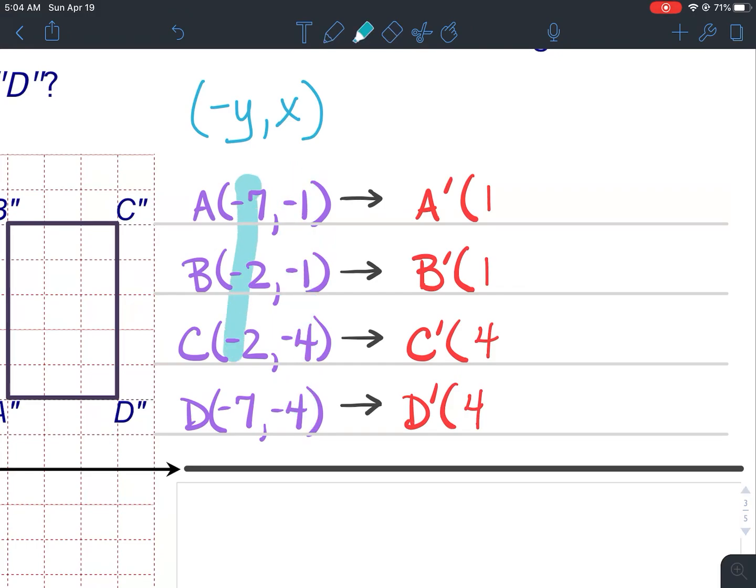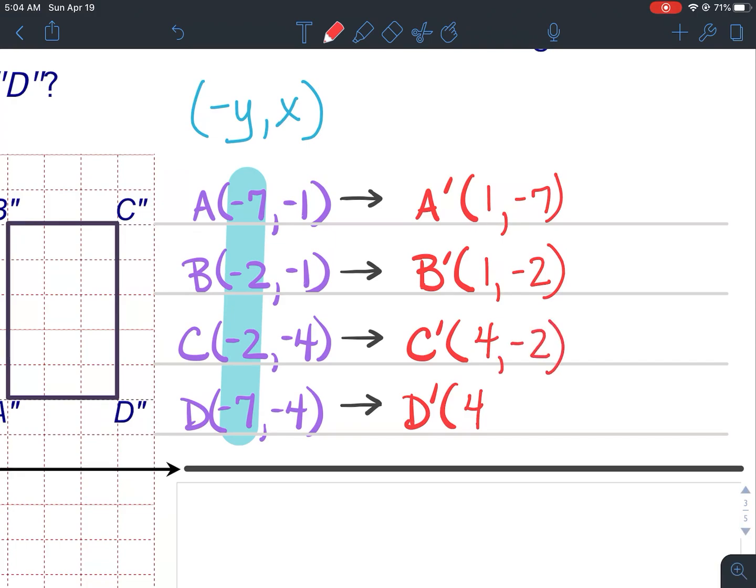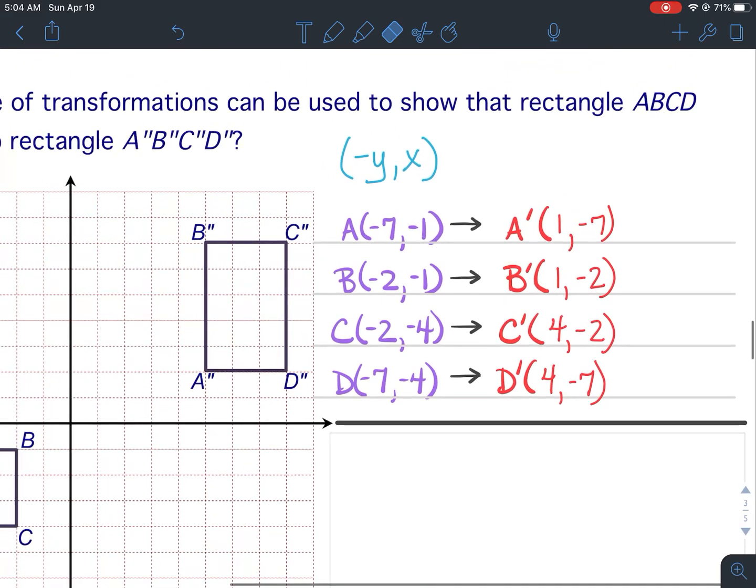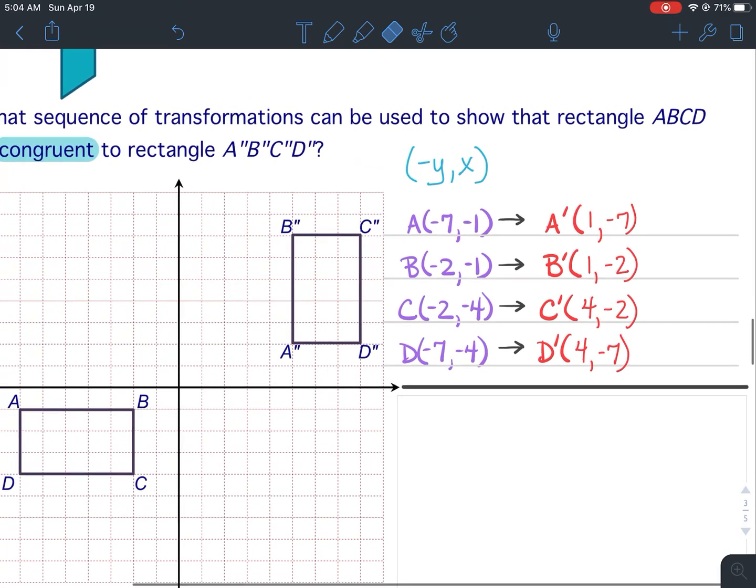Now, I'm going to keep my x-coordinates the same. So I've got negative 7, negative 2, negative 2, negative 7. Okay, so now we know where the prime figure is located.